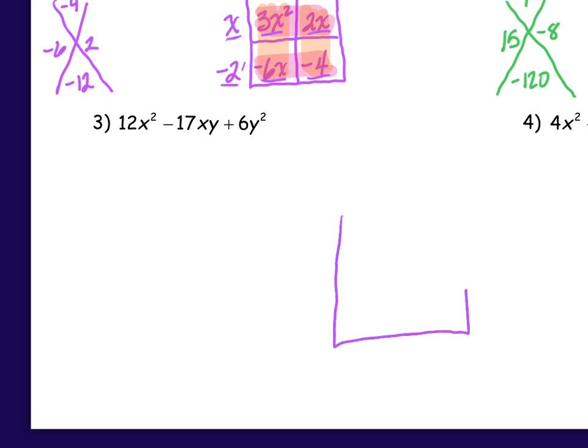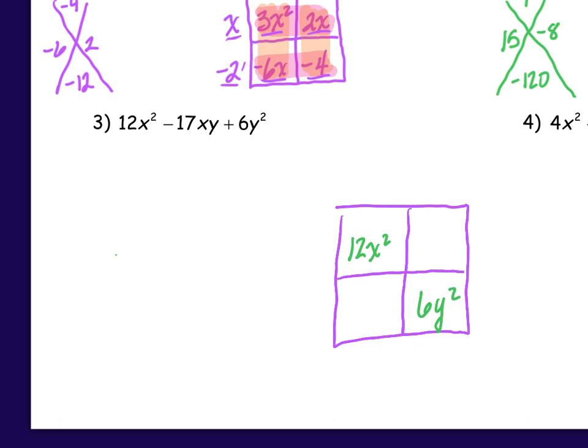So I'm just going to make my box a little bigger so I can put my xy in there. So what goes in the upper right corner? 12x squared. And what goes in the lower left corner is the last one. Yeah, 6y squared.